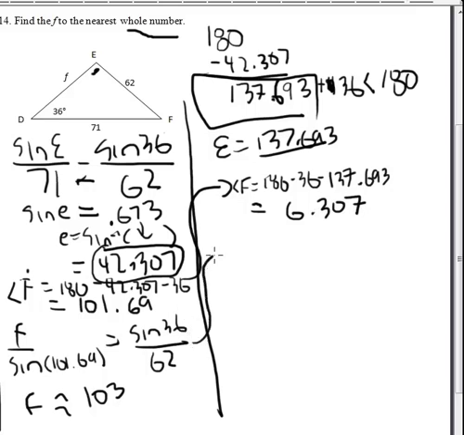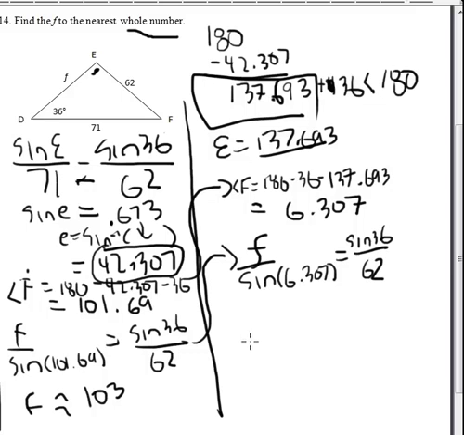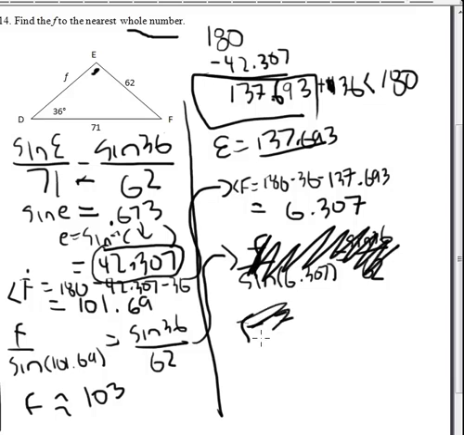And now we're going to do this step for the triangle with an obtuse angle. We're going to say f over sine of f, which in this case is 6.307, equals sine of 36 over 62. Cross multiply, and you will find that f is approximately, whoops, I'm sorry, I made a mess up there.